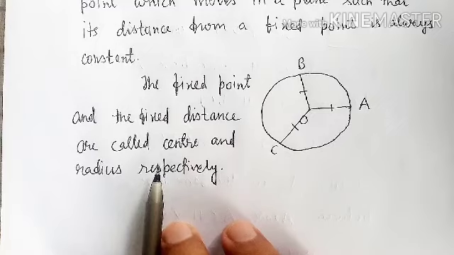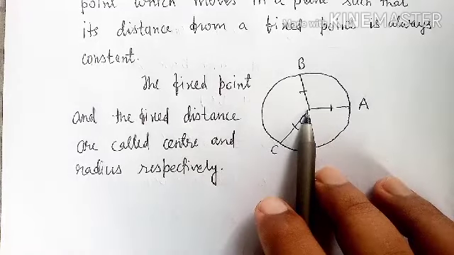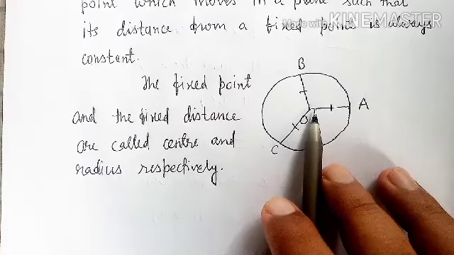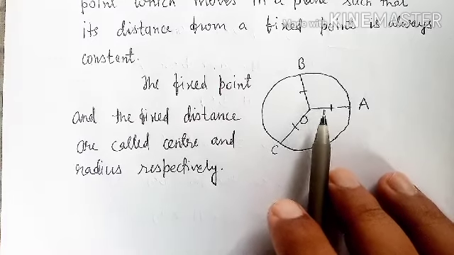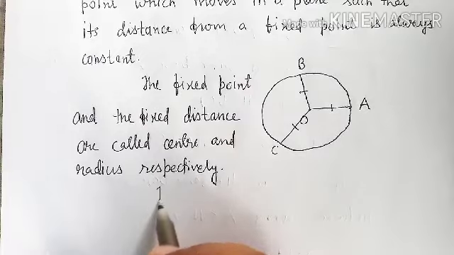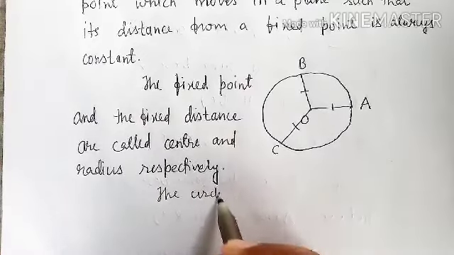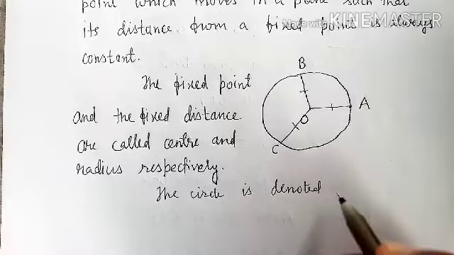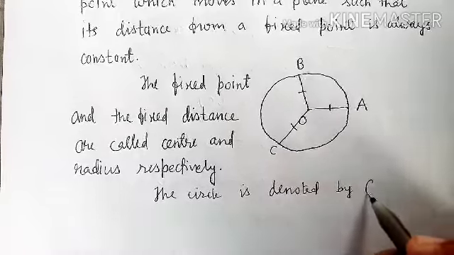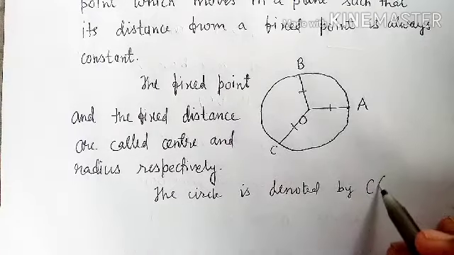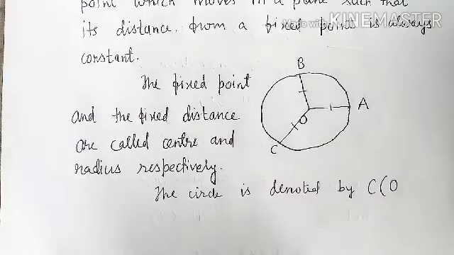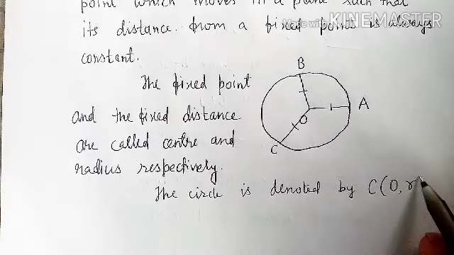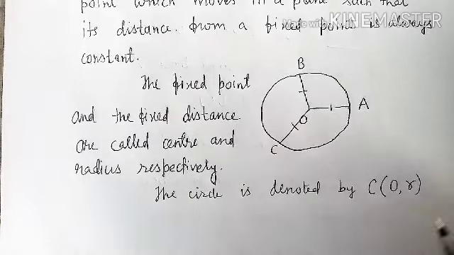The radius may be defined as the line segment joining the center to a point of the circle. The circle is denoted by C, the first letter of circle, then in small brackets O, the center, comma, r, the fixed distance, the radius r.